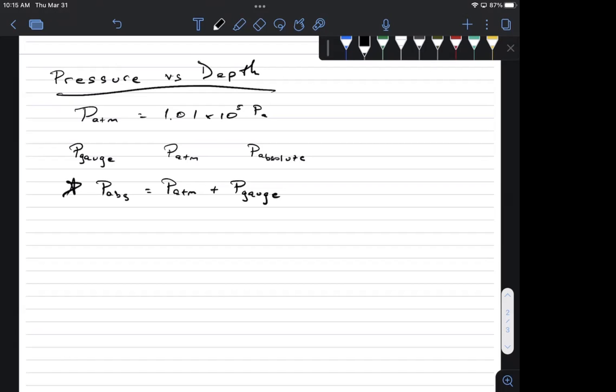So if I give you a problem that asks you to calculate the pressure on an object because of whatever, just say he's asking me for gauge pressure. If I'm not asking for gauge pressure, then the problem would say something like, calculate the total pressure felt by blah, blah, blah. Or what is the absolute pressure on this object? Then you know it's the gauge pressure, plus you add atmospheric on top of that.